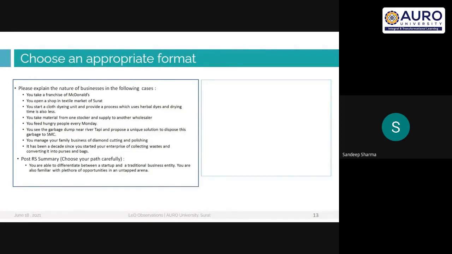What is the novelty? Suppose someone is doing something different, something new, so that business falls in the category of startup or entrepreneurship. So by giving these examples, the idea was to widen the thinking of the student to take the normal business and differentiate how they can make it a startup.